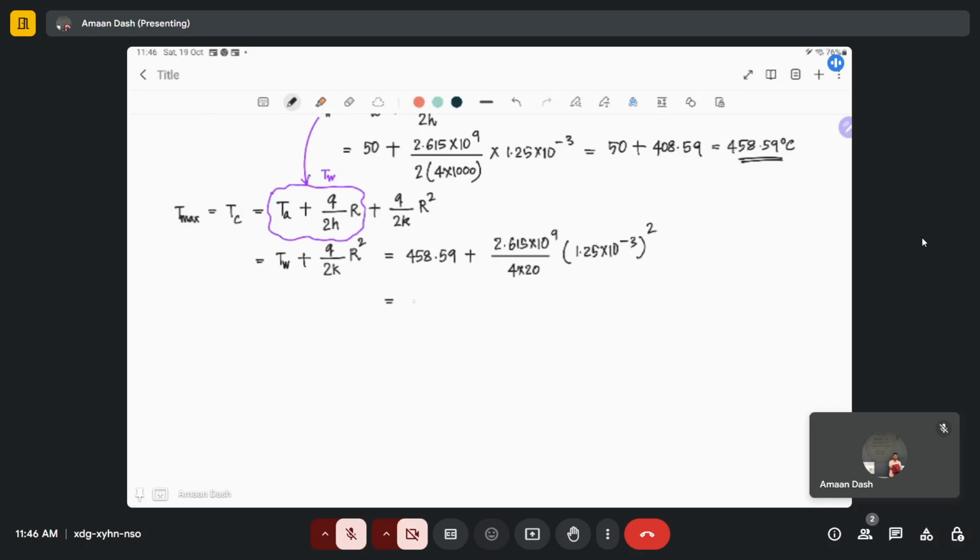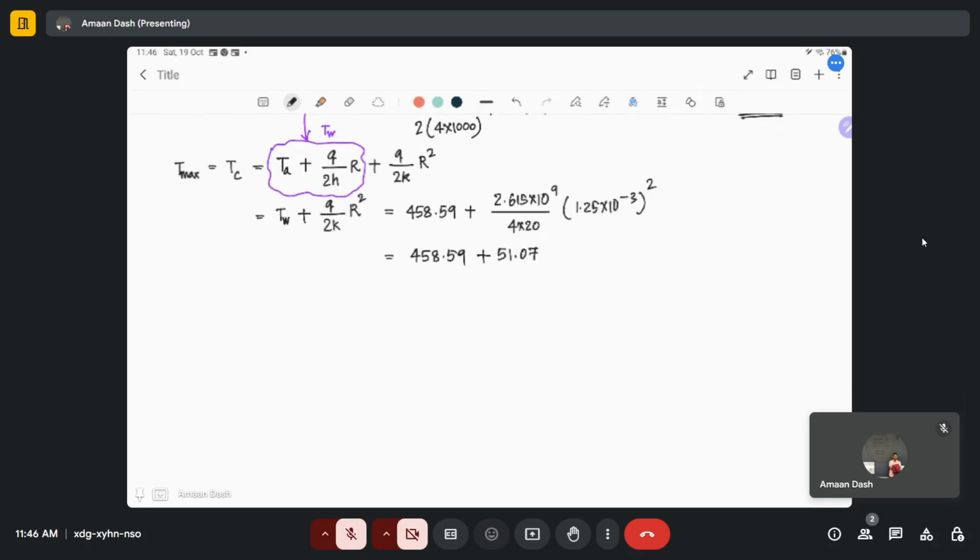So this is nothing but 458.59 plus, if you simplify, you will be getting 51.07. So this is equal to 510.66 degree Celsius.